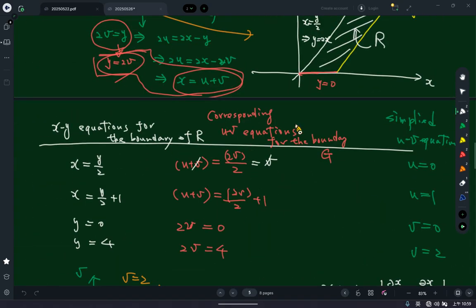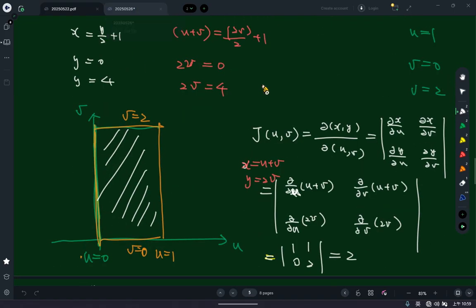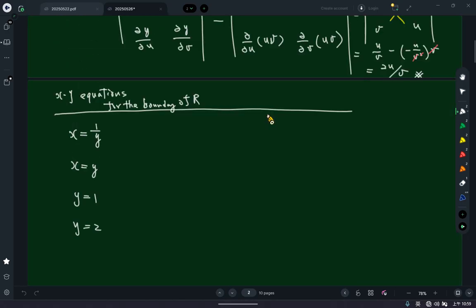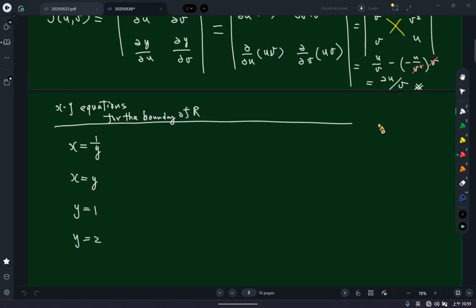We need to get its corresponding UV equations for the new boundary, right? So here we try to get UV equations for the new boundary of G.